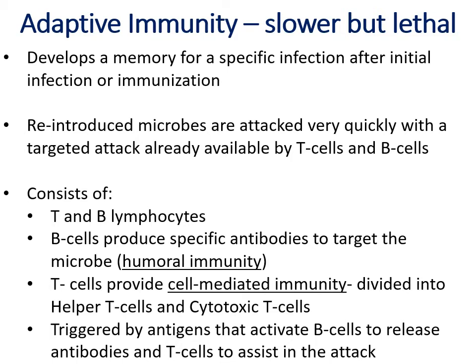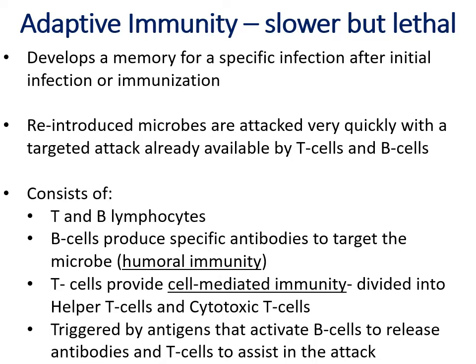The T cells we call cell-mediated immunity, because the T cells don't mind getting up close with the infection and trying to destroy it with their cytotoxic T cells. The T helper cells are coordinators. They help coordinate the B cells and the T cells together.